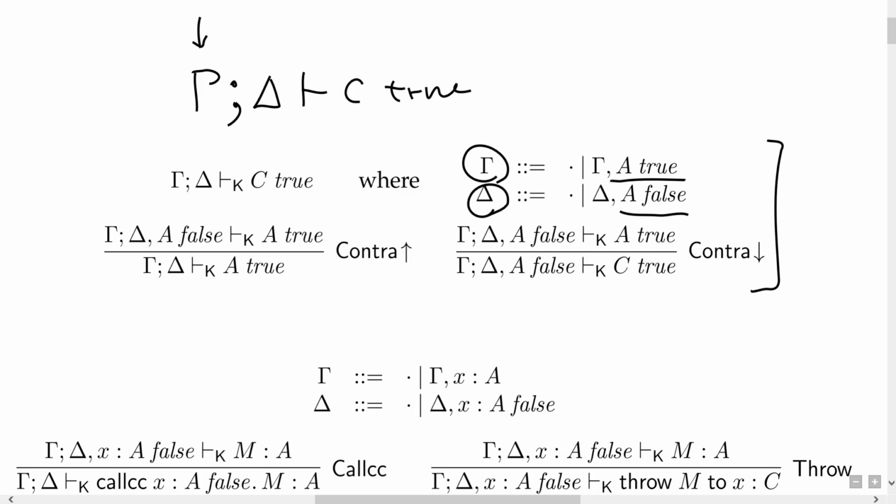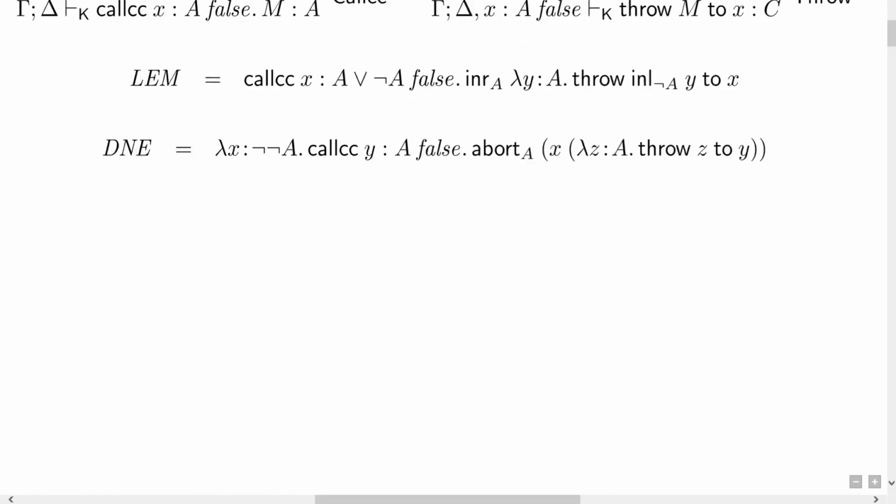And we have these two inference rules, in addition to all these rules inherited from constructive logic. So this control up rule and control down rule. So let's review these two rules.